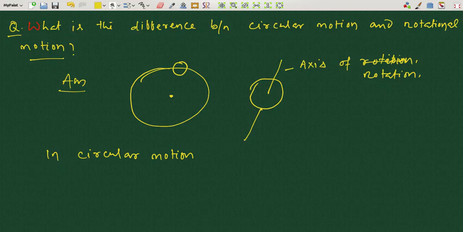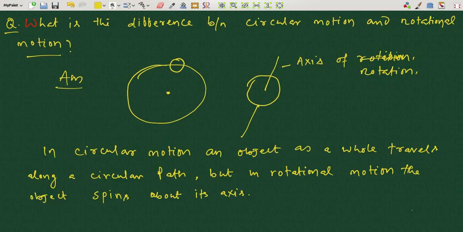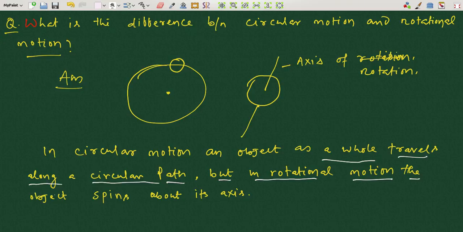So in circular motion, an object as a whole travels along a circular path. But in rotational motion, the object only spins about its axis of rotation.